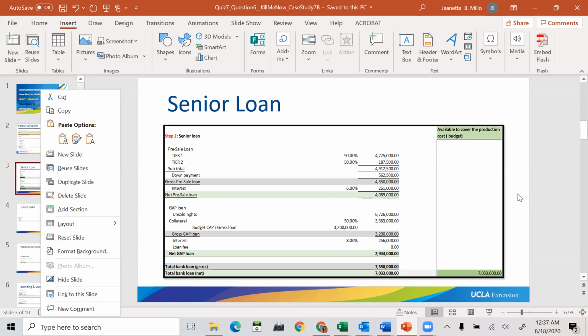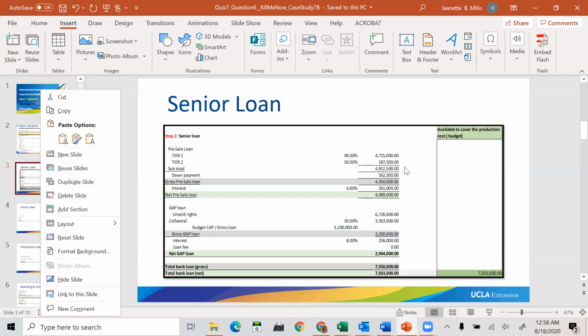So what does it look like in our bank loan? Here is our bank loan. It is going to be slightly different from the case study you looked at before. The tier 1 and tier 2 pre-sales are not changing. Tier 1 is still cash flowed at $4,725,000, and tier 2 is still cash flowed at $187,500 at the 50% discount rate.